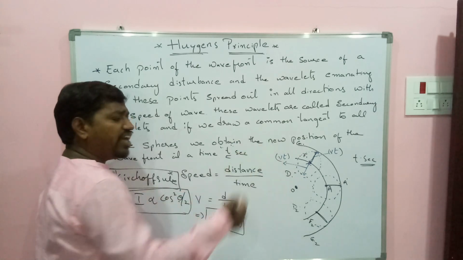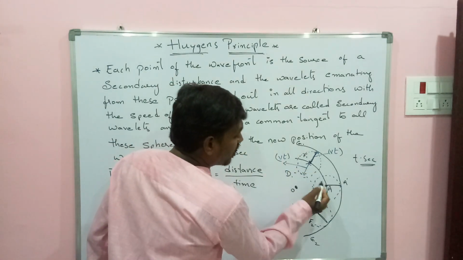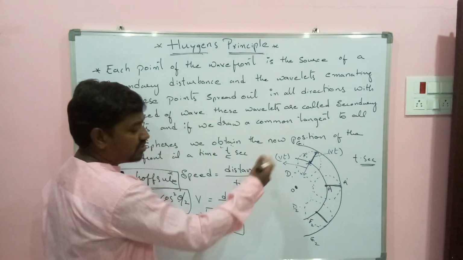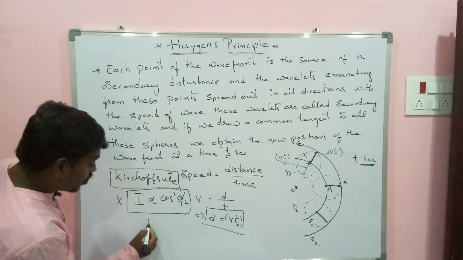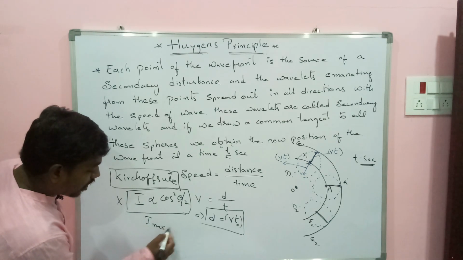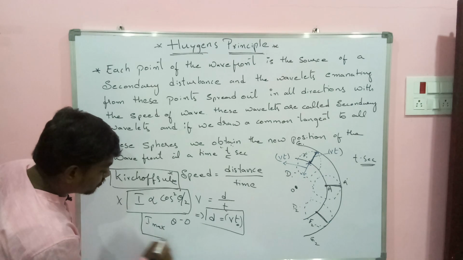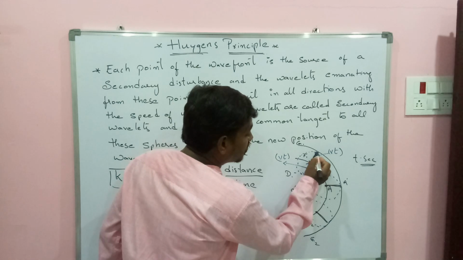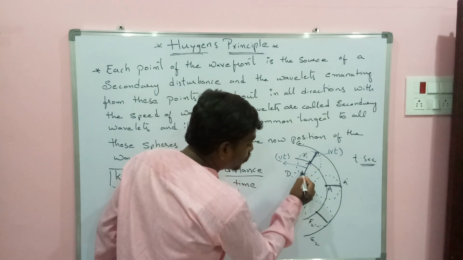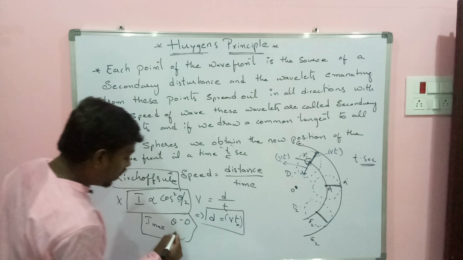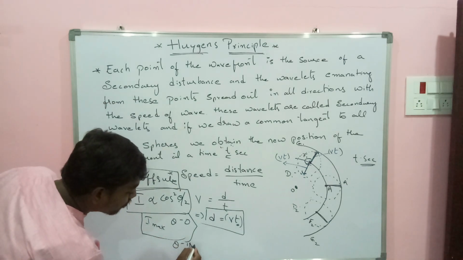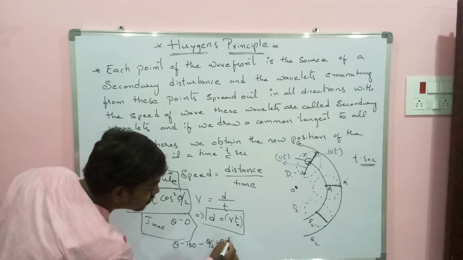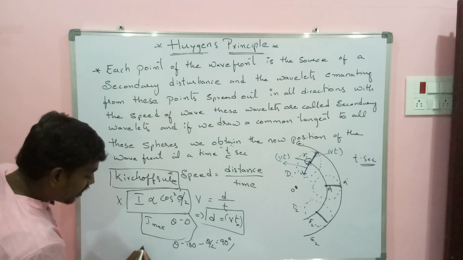In the forward direction, the wave is advancing forward and the light is also moving forward, so theta is 0 and we get I to be maximum. But in the backward direction, the light has advanced forward and this is taken in the opposite direction, so the angle comes to be 180 degrees. So theta by 2 will become 90 degrees, and cos of 90 is 0.